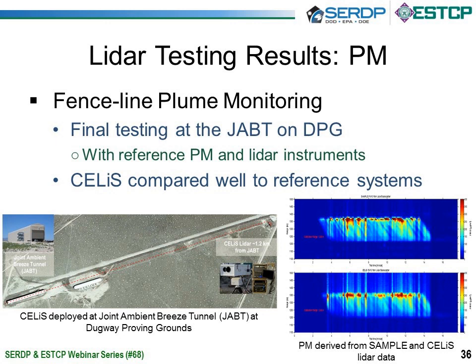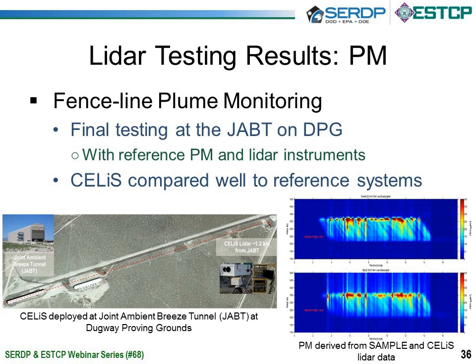Continued testing of CELIS at the Joint Ambient Breeze Tunnel facility was also done at Dugway, allowing for direct comparisons with one of Dugway Proving Ground's own LiDAR systems called SAMPLE, or Scanning Aerosol Micropulse LiDAR, which is also an eye-safe LiDAR. They used it as a reference system for testing and evaluating CELIS.